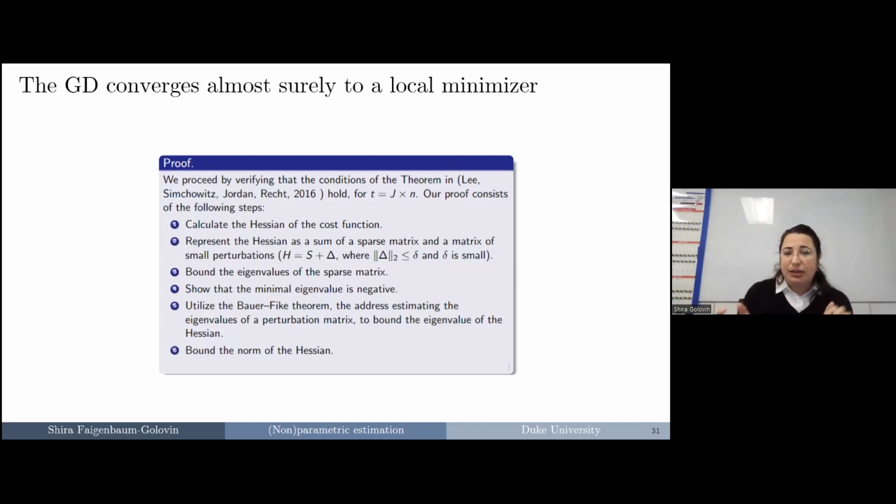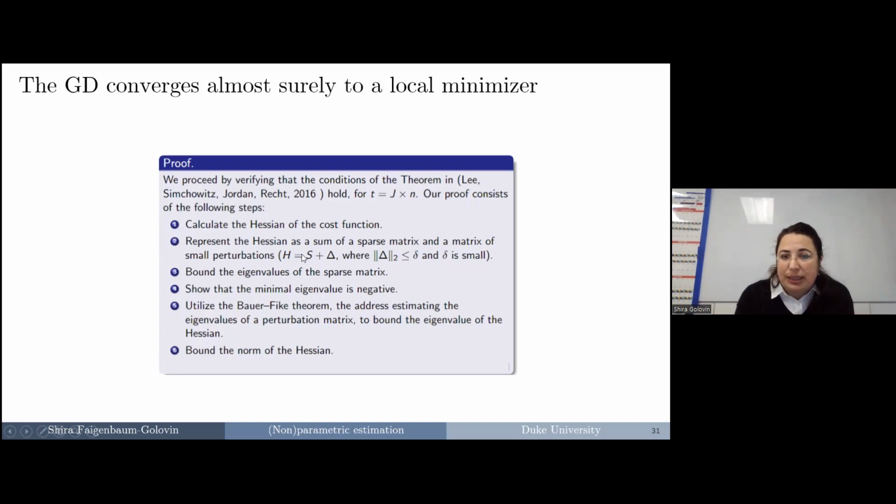So we will rewrite our Hessian as a sum of two matrices, one that will contain all the finite support of the Gaussians with this small and bounded tail, with an additional matrix that contains the small and bounded tail. So while all the information is located in the matrix S, we'll have some information that is located from the Gaussians in this delta.